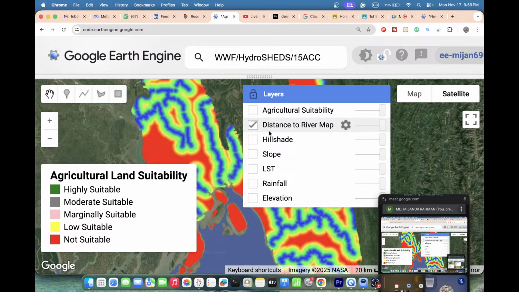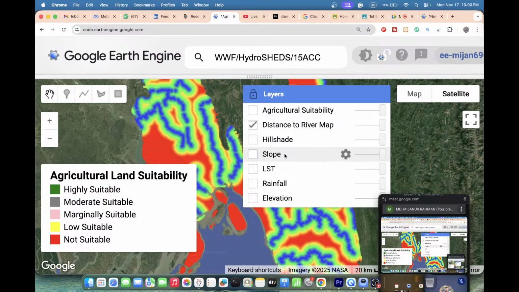So each factor has a different unit, but suitability analysis converts all layers to a common scale. When you work with suitability, all factors need to be converted into a common scale. Otherwise, you can see the different factors have different units: elevation in meters, millimeters, then degrees Celsius, then degrees, then meters, then meters.